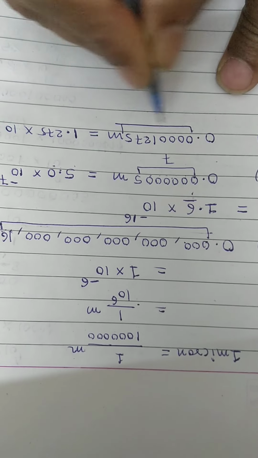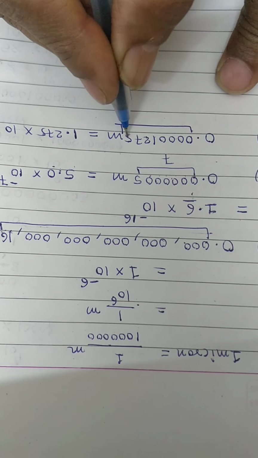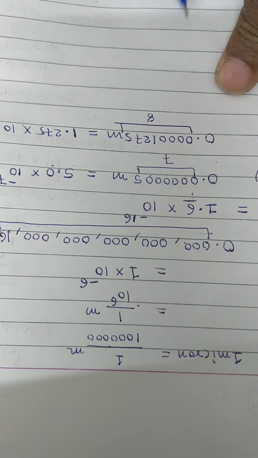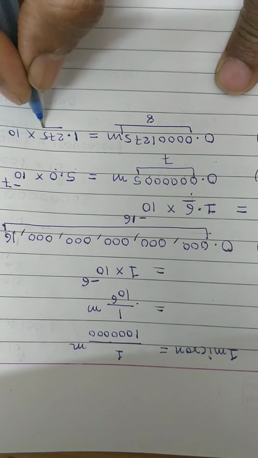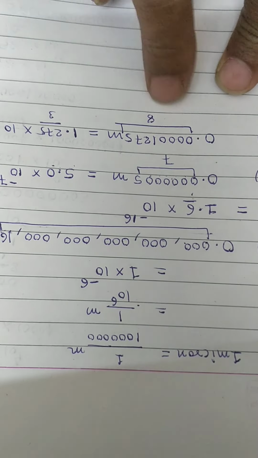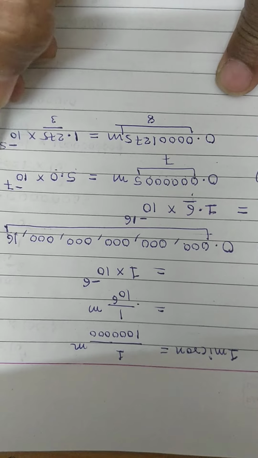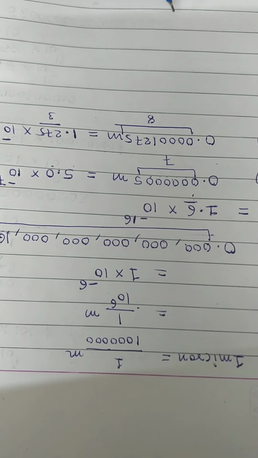Here 1 2 3 4 5 6 7 8. There are 8 digits after the decimal point, but now there are only 3 digits after the decimal point. That means 5 digits decreased. Decrease means negative power. So 10 raised to minus 5.